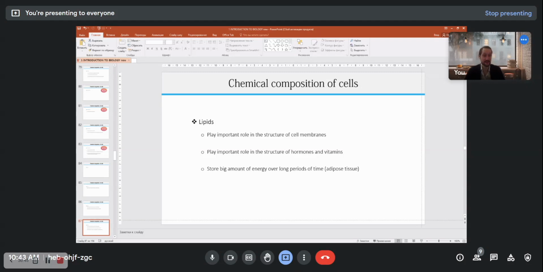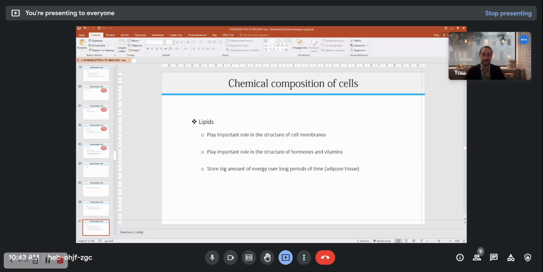And a good example of it is adipose tissue. Adipose tissue is very important because it provides us with the possibility for long-lasting storage of energy.